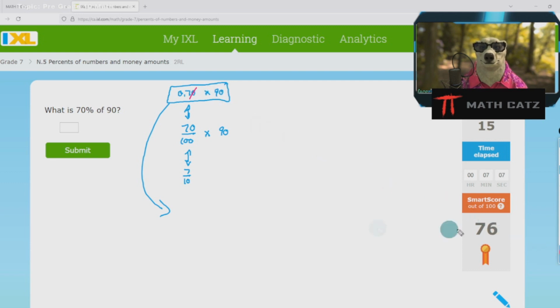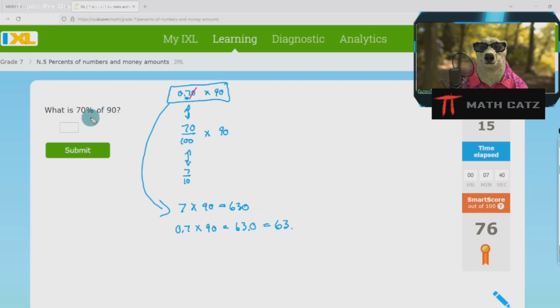That requires that I do 7 times 90, which is going to be 7 times 9 and attach a 0 at the end. So that's easy enough. And then, because I had a decimal number here with 1 decimal place, I need to adjust my answer by 1 decimal place as well, moving it in to 63.0, in this case, or just 63.